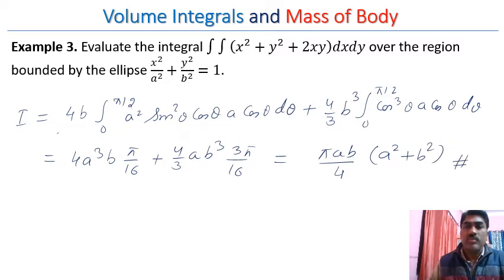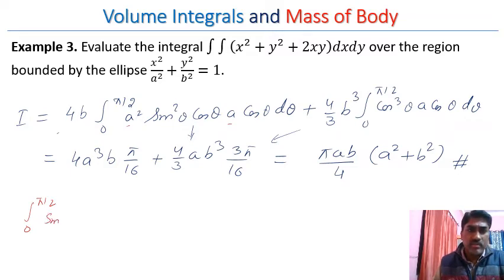Now you might be thinking why I have directly written these integrals in this form. So I am writing the clarification here, and this is also your homework. For the first part, 0 to pi by 2, I am not taking a square and a, you can take them common, so you will get a cube.